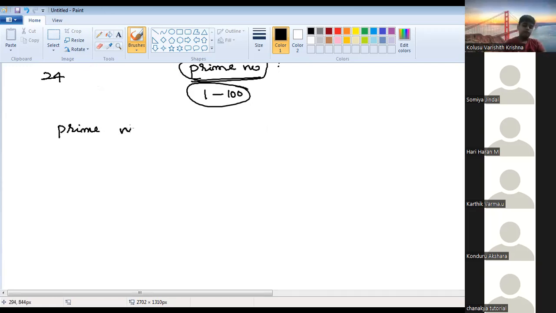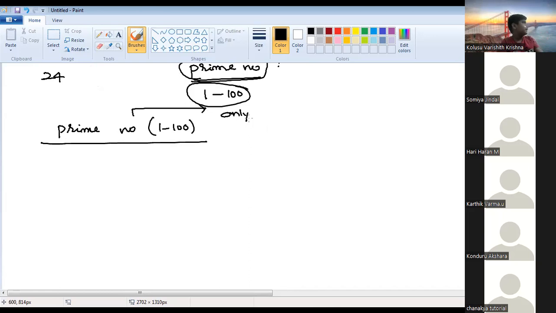Prime numbers are numbers which have only 1 and the number itself, only 2 factors. Very good.